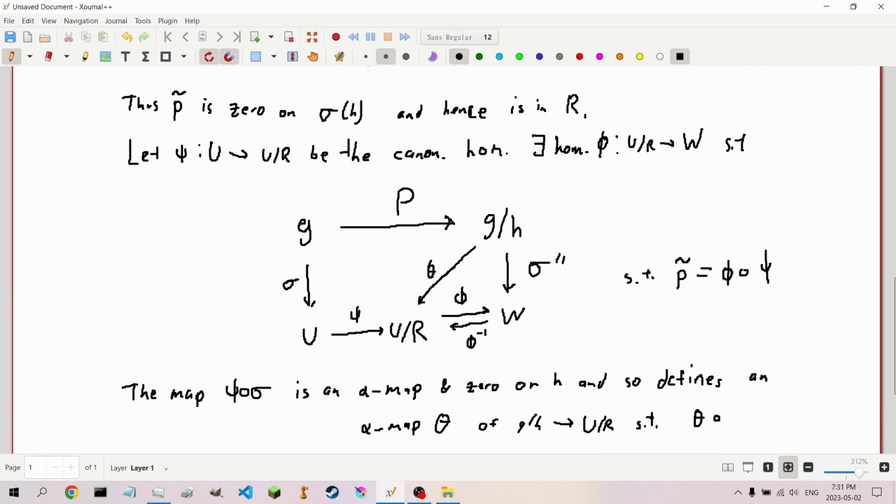Theta composed with P. So P, yeah, we're going from G to U of R, and these are the two ways of doing it here.